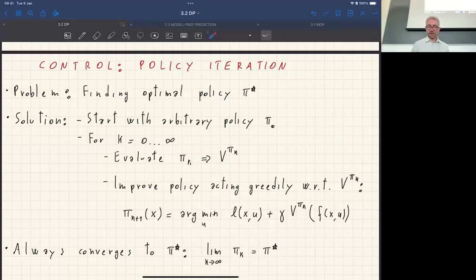So a very reasonable question now would be, what if we do an early termination of the policy evaluation step? So instead of evaluating the policy to convergence, we just do a partial evaluation of the policy. So we run the policy evaluation algorithm, but for, I don't know, 10 iterations or 5 iterations.